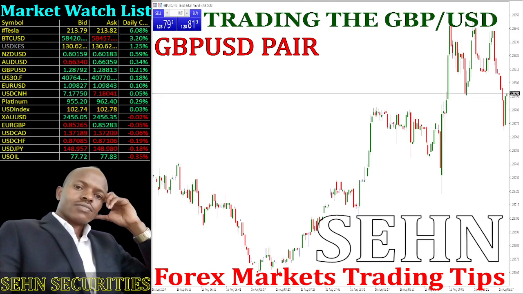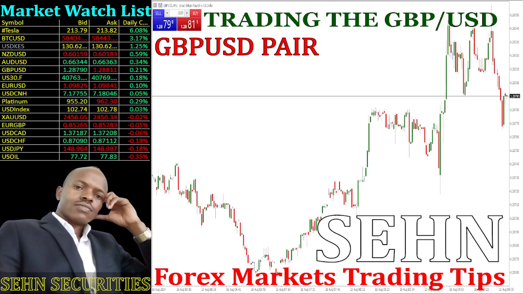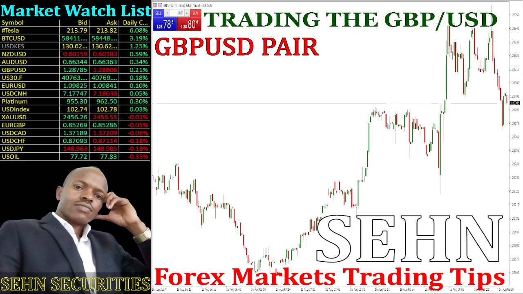The British pound, as the official currency of the United Kingdom, plays a crucial role in the European and global financial markets. It is historically known for its stability and economic significance, and typically reflects the United Kingdom's economic health and the monetary policy decisions from the Bank of England.